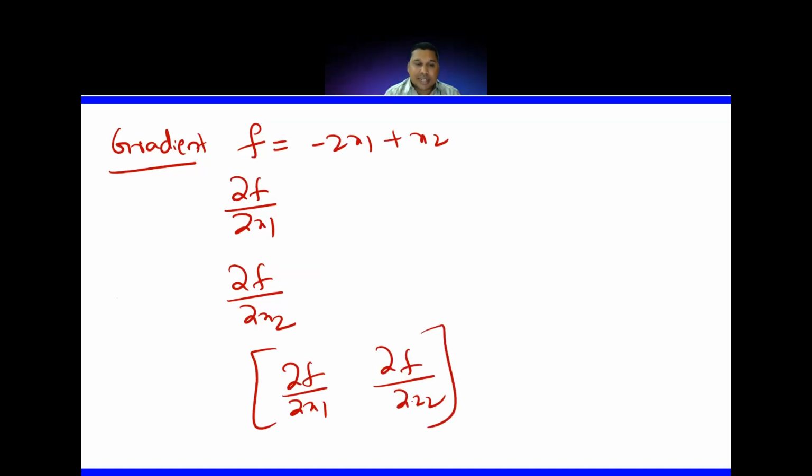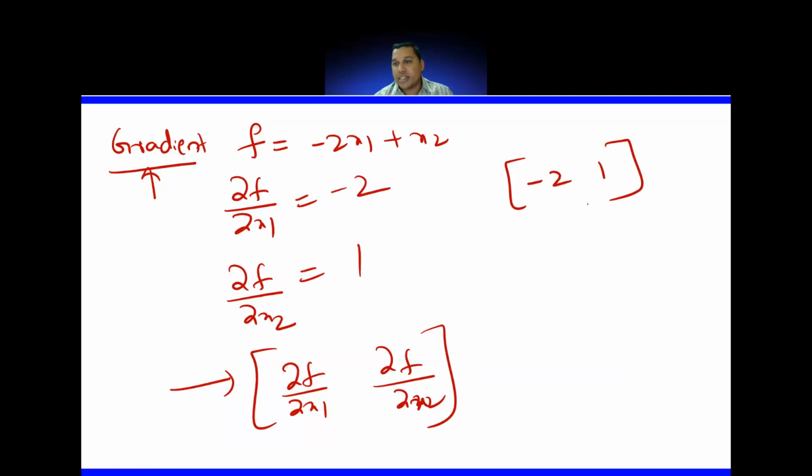If you represent them in vector form, that is called a gradient. Gradient is nothing but the collection of partial derivatives of the function f with respect to the variables x1, x2. What is dou f by dou x1? Minus 2. Dou f by dou x2 is 1. So the gradient of this function can be written as minus 2, 1, represented as a vector. So this is called your gradient.